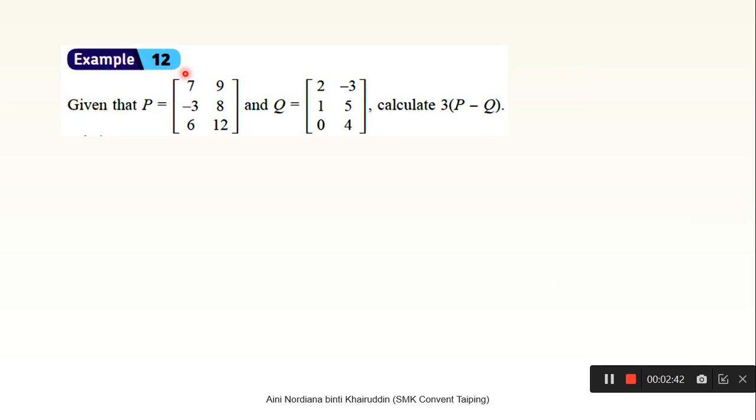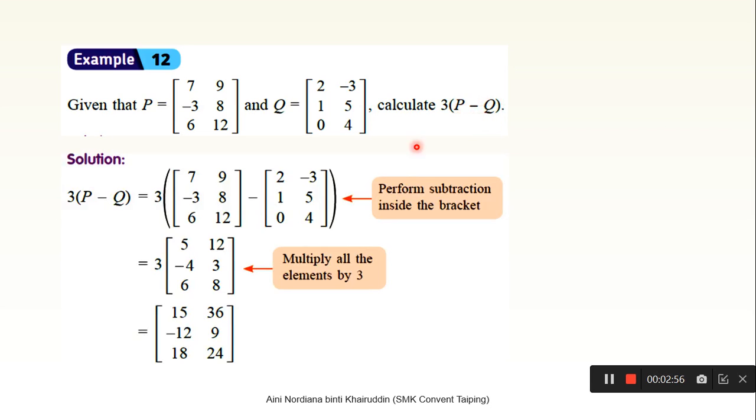Next, for example 12, given that matrix P and Q, calculate 3 times P minus Q. So we have to do the bracket first. So first, P minus Q. So let me use pen for better understanding.